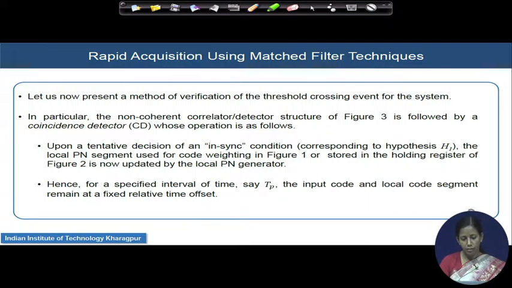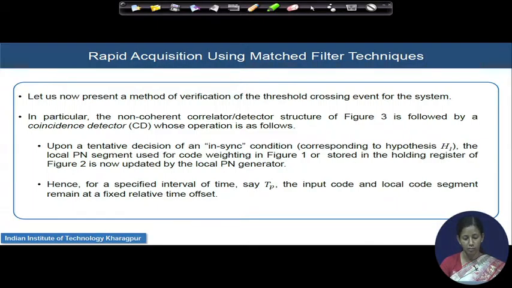Now let us put some comment on the verification mechanism that this kind of matched filter architecture takes place, because we have just seen the filtering and correlation operation, and at the output how the decision is going on inside the threshold detector.